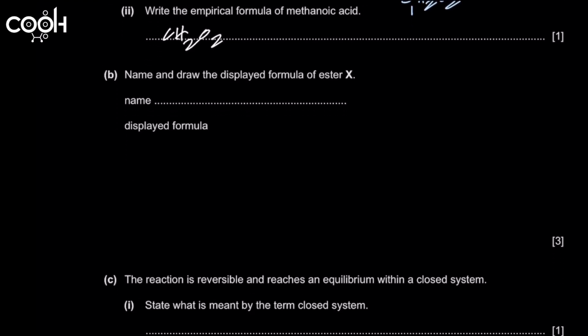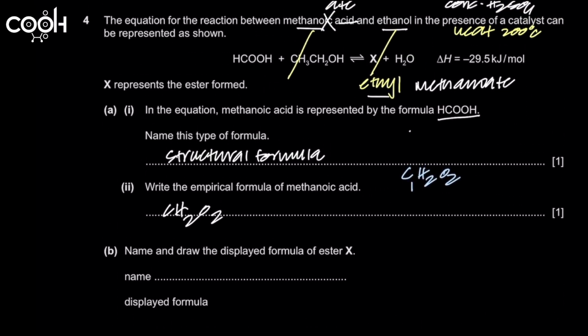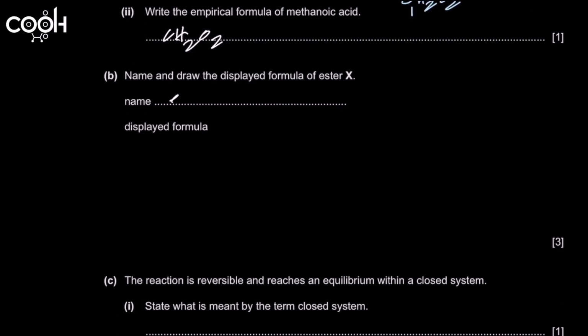Done. Now it says name and draw the displayed formula of ester X. So ester X is ethyl methanoate. So let's draw it. How do we draw it? Well, I can draw it directly, but you should first make ethanol or maybe the carboxylic acid. Usually it's the same thing, but it's just a convention to make the carboxylic acid first, but it does not make a difference whatsoever.